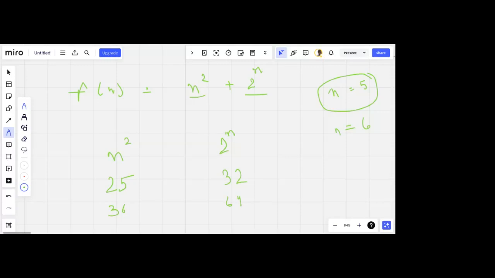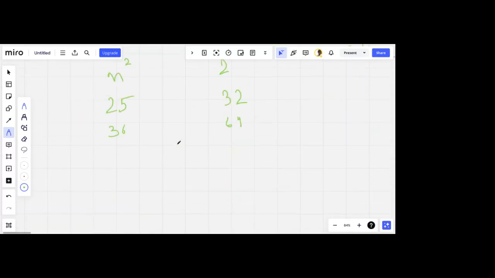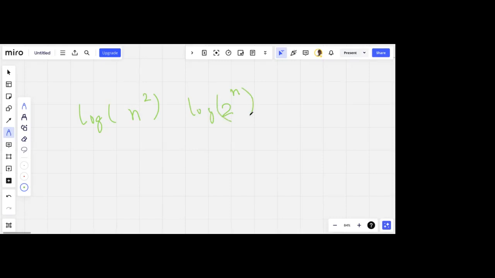And guys, if you are not able to understand clearly which is bigger, n square or 2 to the power n, what you can do is take a log on both sides. Then it would be easier in some cases to determine which is bigger.